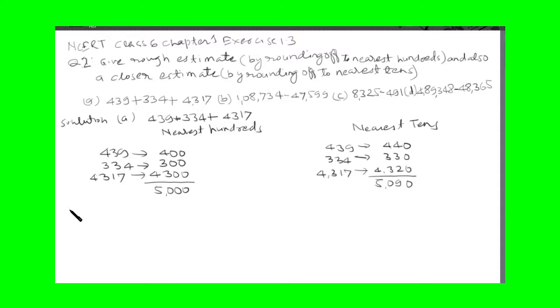Now we go to Part B, 1,08,734 minus 47,599.